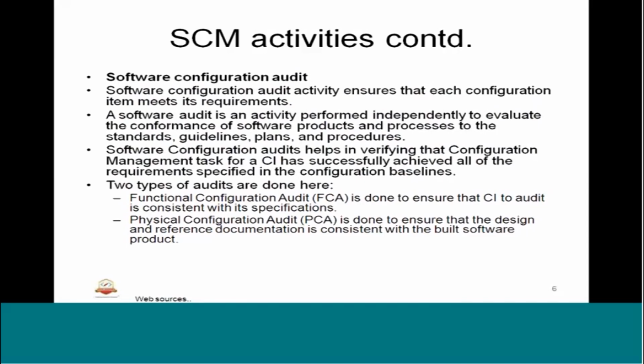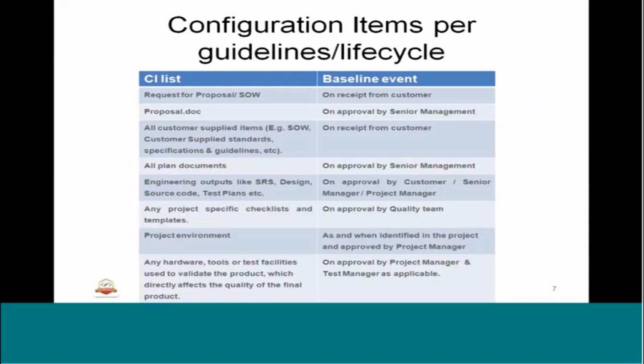Now let's go through configuration items for the life cycle. What are the configurable items in the embedded software life cycle, and how are they going to be baselined? We know that a baseline is an event where we baseline a particular artifact, saying that the artifact is ready to move to the next stage or event, or that it's available.